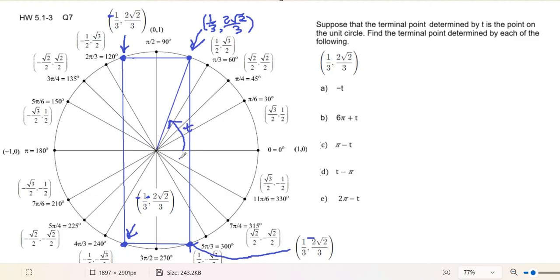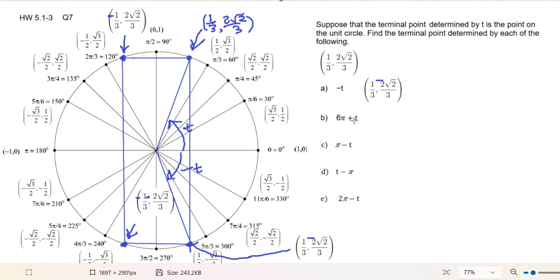So if we go clockwise the same amount here, that's going to be minus t. And you can see that that is going to determine this point down here. So that's going to be our answer for part A. So we just change the y to a negative. So right there.